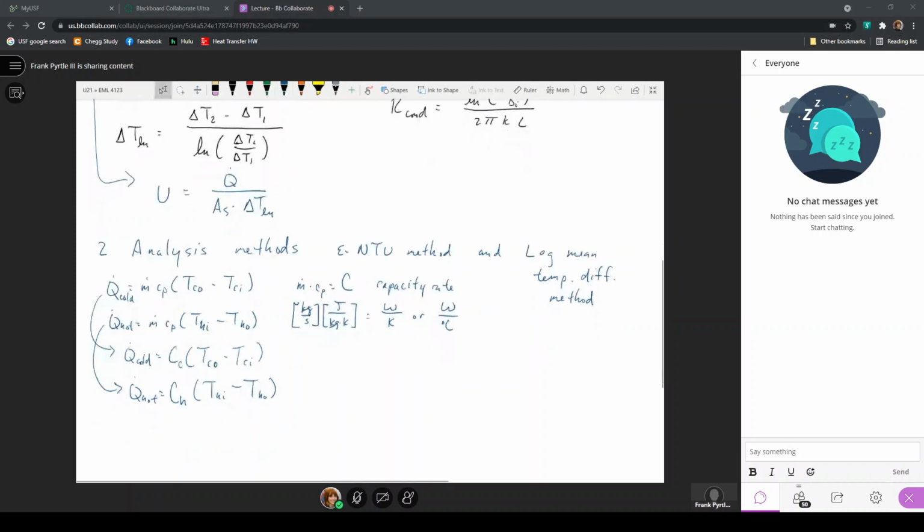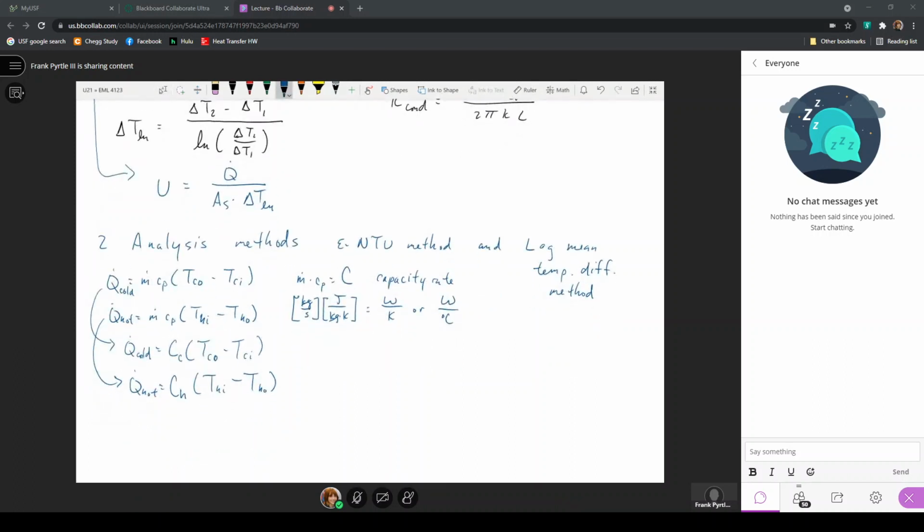Now, when we're writing these expressions, all we're defining is the amount of heat gained by the cold fluid and the amount of heat lost by the hot fluid. Now, these two methods for analyzing heat exchangers, the effectiveness NTU and the log mean temperature difference method, are just different methods for describing how the heat is transferred between the hot and cold fluids.